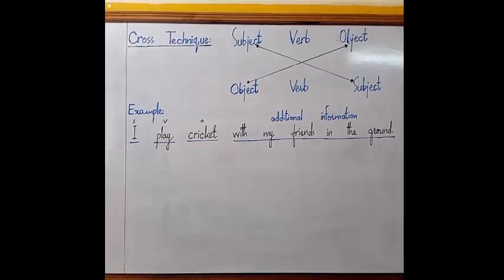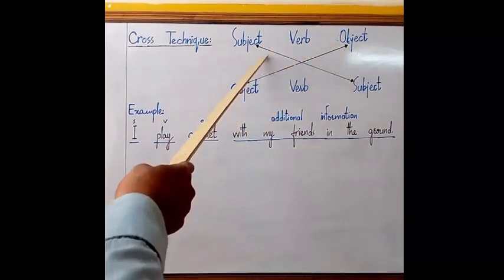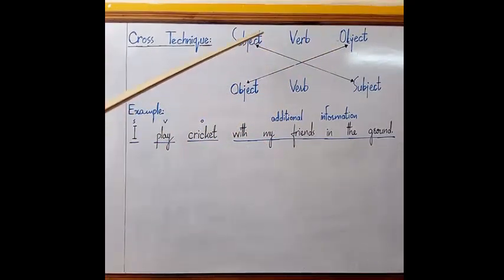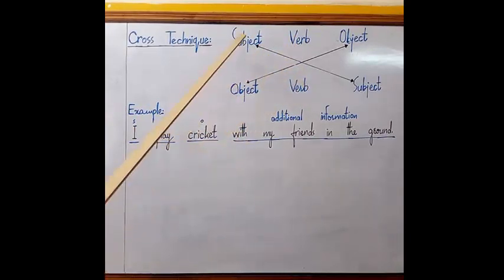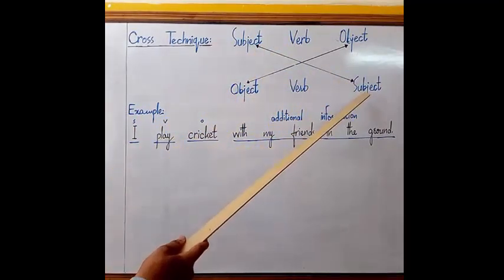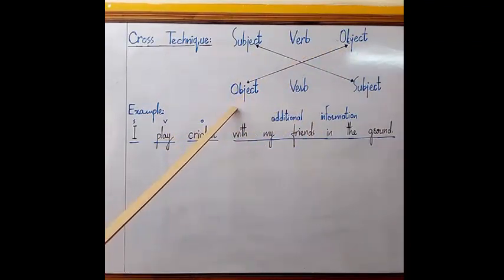Here we have the second rule, which is cross technique. What does cross technique mean? Just for your understanding, I am explaining here the subject, verb and object. This is an active sentence, and when we convert this sentence into passive voice, we bring this subject here at the object position and we bring the object at the subject position.